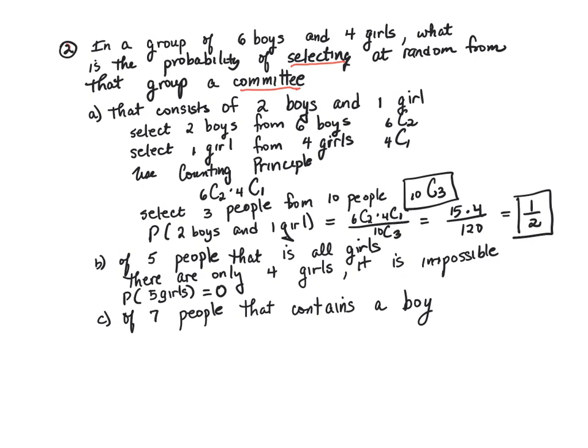We have 4 girls. So if there has to be one boy in the committee from the 4 girls, and we want to form a 7-person committee, so here we'll say that there are 4 girls, and if we pick the 4 girls, there must always be a boy on the committee.